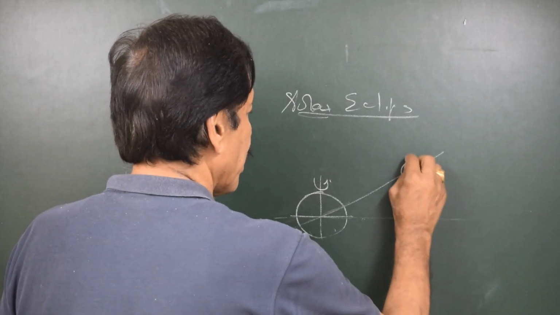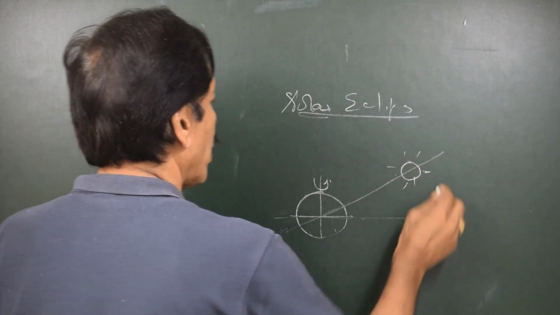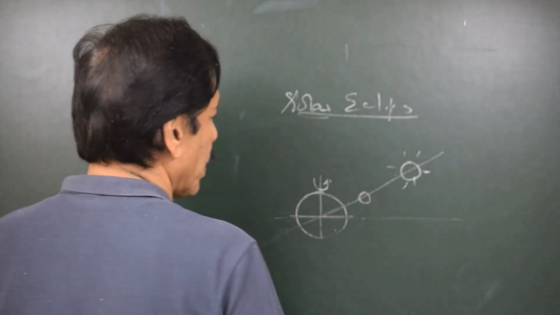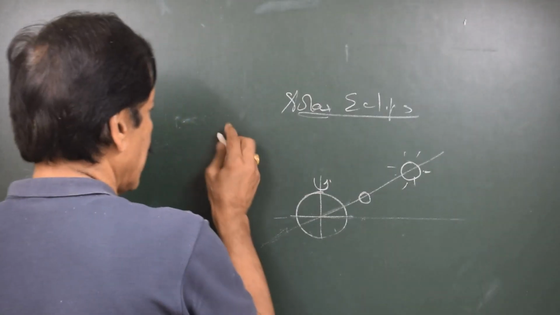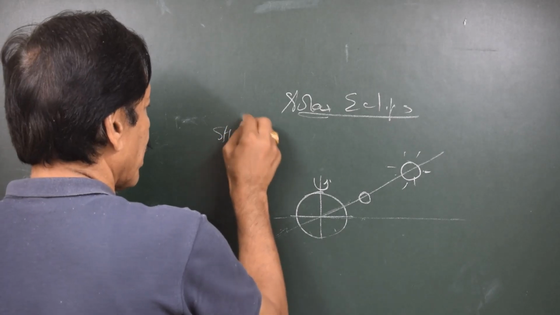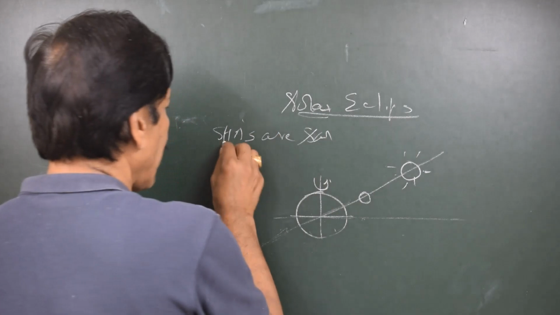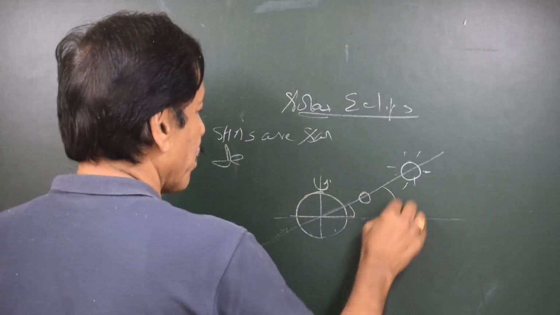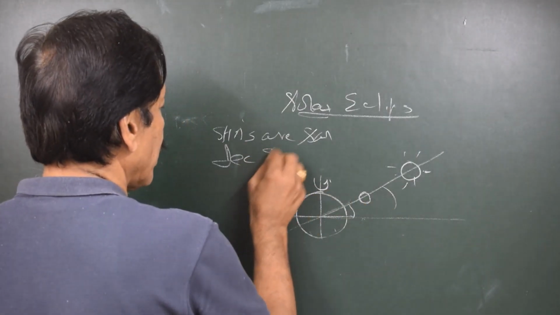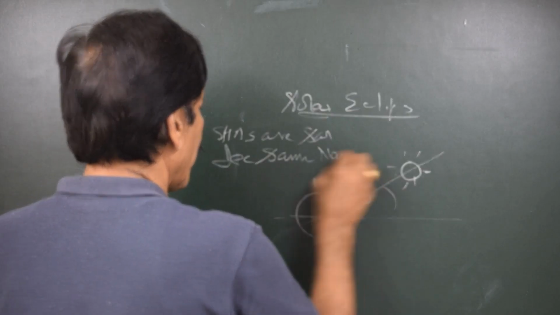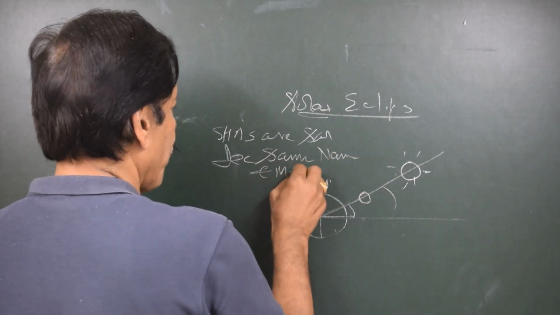If the sun is here and we want a solar eclipse to happen, the moon also should be on the same line. So what appears here is the SHAs are the same, and the declination, that is this angle, is the same in name and magnitude.